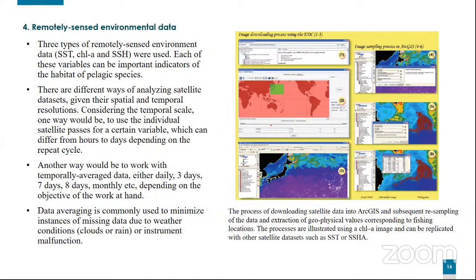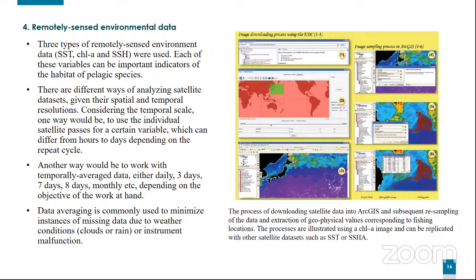Another way would be to work with temporally averaged data, either daily, 3 days, 7 days, 8 days or monthly depending on the objective or the data. Contohnya kalau kita tak guna data harian, kita boleh guna data mingguan which kita dah averagekan data tu untuk 7 hari atau sebulan bergantung kepada objektif yang kita nak capai.